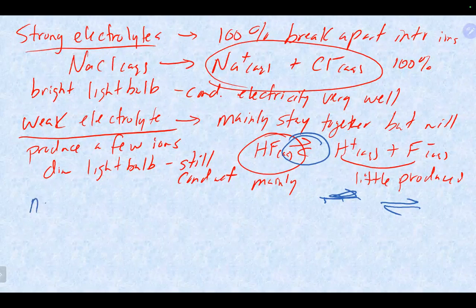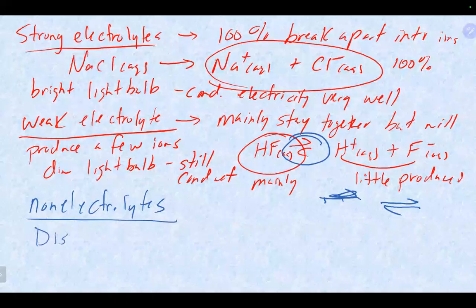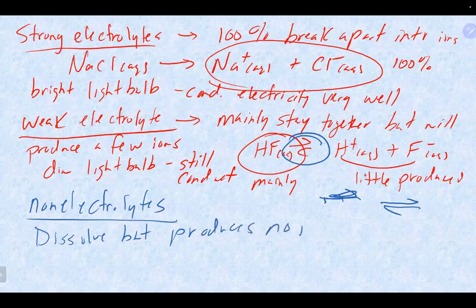Lastly here, non-electrolytes are things that will dissolve but produce no ions. So although they will dissolve, they will not produce any ions. And because they don't produce ions, they will not conduct electricity.